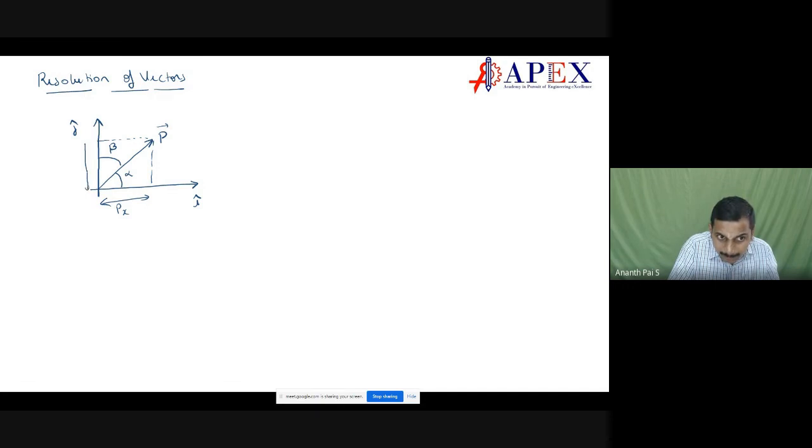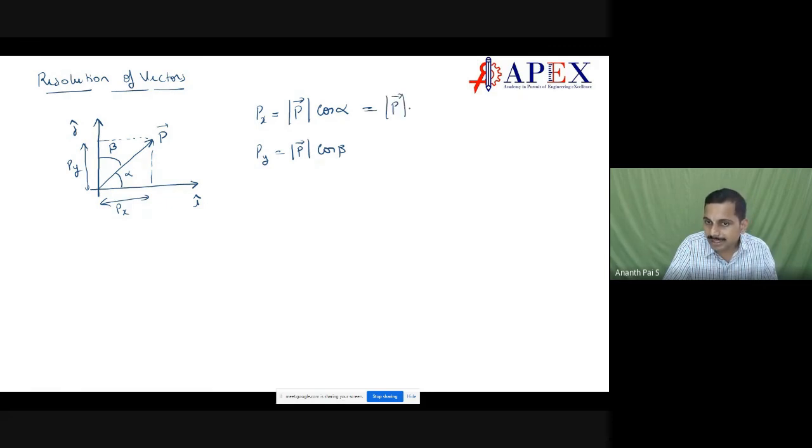This is called Py, the component of P in the y direction. So always Px is equal to magnitude of P cos alpha, and Py is equal to magnitude of P cos beta, which can also be equal to magnitude of P sine alpha, sine beta.